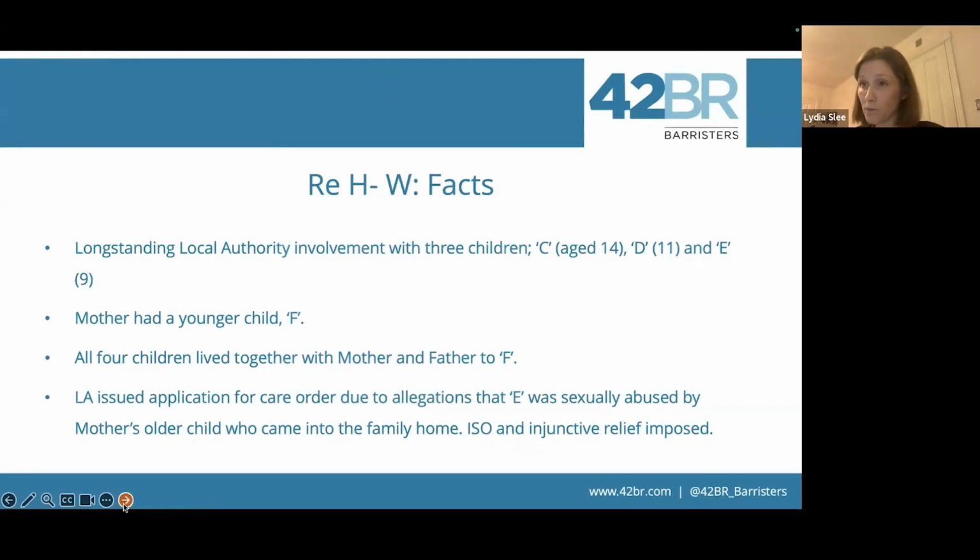The children were part of a sibling group of 6. There were 2 other children, child A and B, who were both adults at the time of the proceedings, and both A and B lived independently.